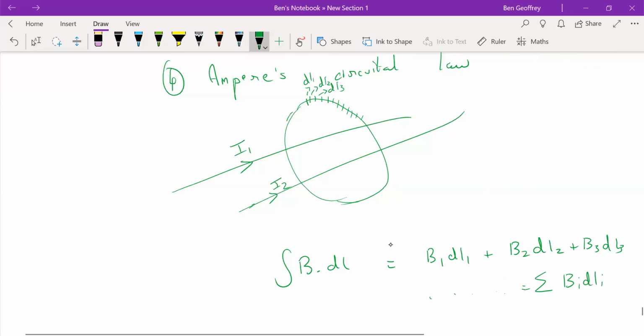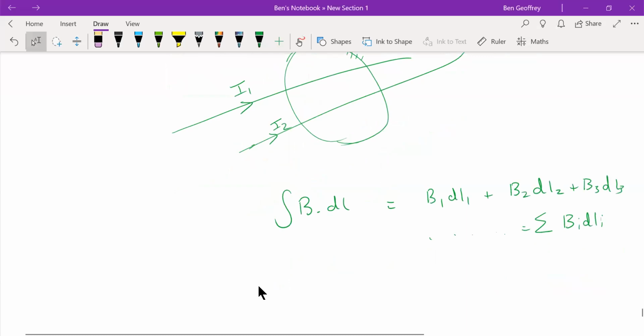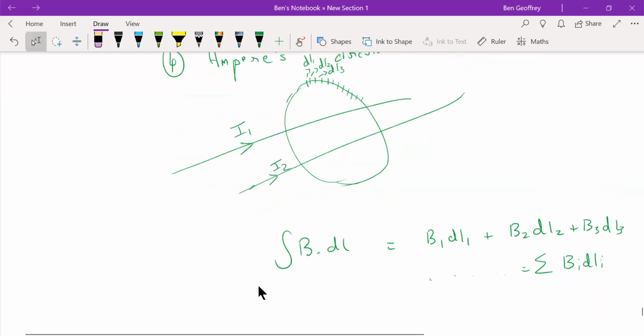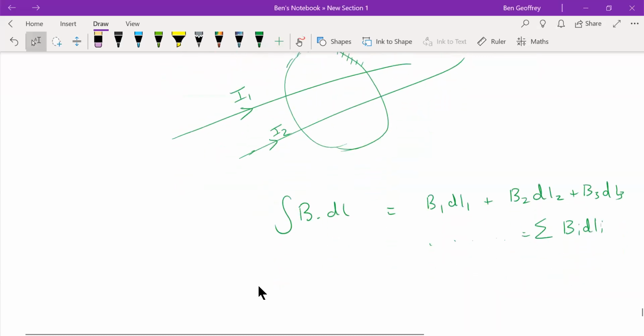When you go from the discrete to the continuous integration, we get the integral of B dot dl, and this integral always turns out to be μ0 I.